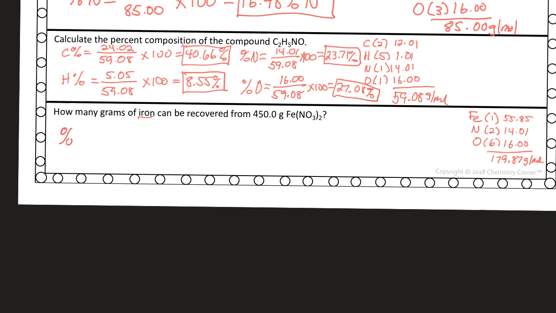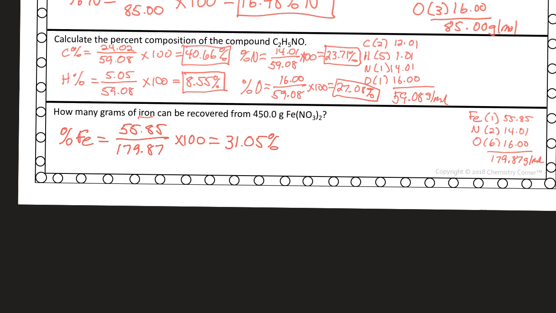So the percent of Fe is going to be equal to the amount of Fe, which was just one of them, so 55.85, divided by the total, 179.87 times 100, is going to be equal to 31.05%.